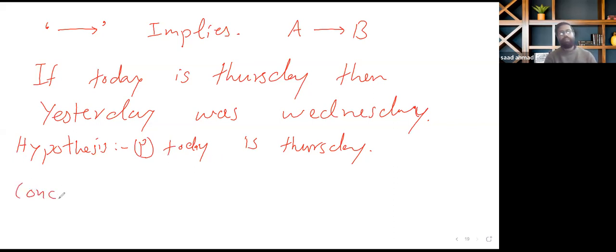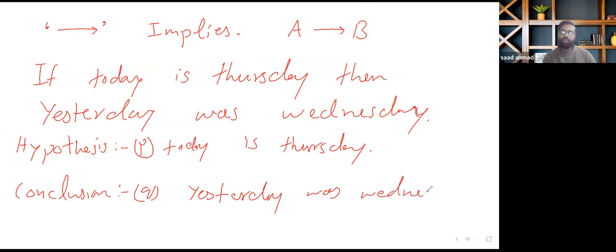Then what conclusion do we get from it? The Q, the conclusion that we get, is yesterday was Wednesday. And we can write this as P implies Q, right?